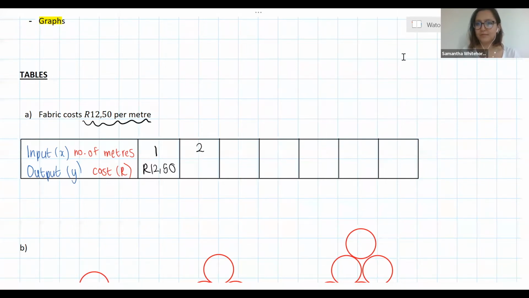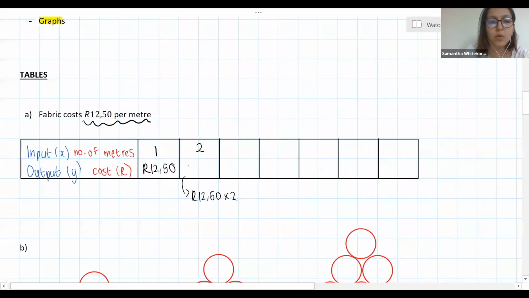Ma'am, 2 meters will cost 25 rands. And how did you get that? Ma'am, I multiplied it by 2. Excellent, well done. So if we want 2 meters, we multiply the price per 1 meter by the number of meters I want, so by 2, and that gives me 25 Rand.